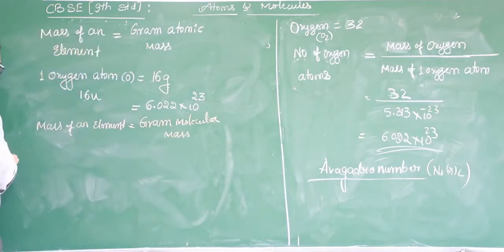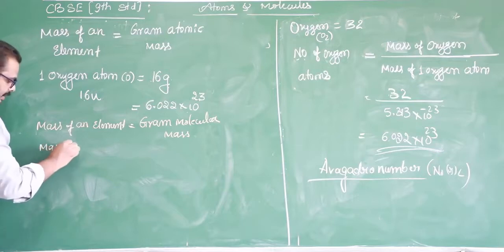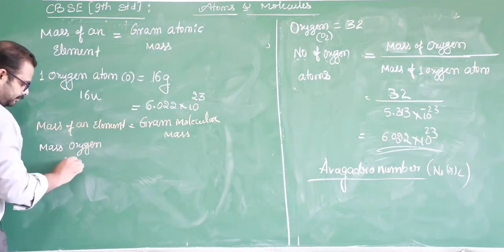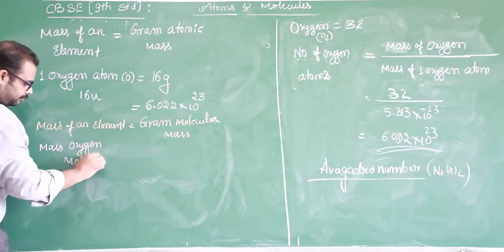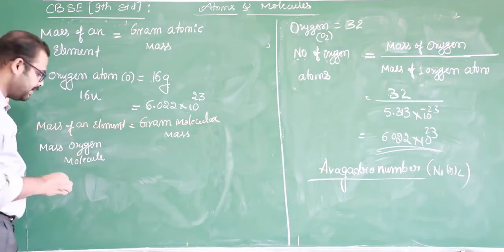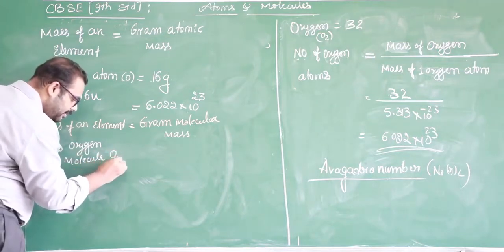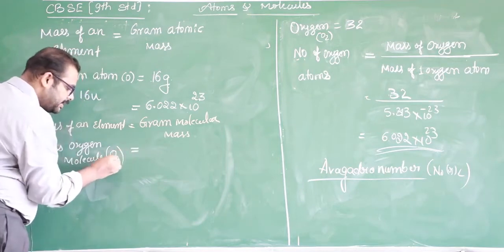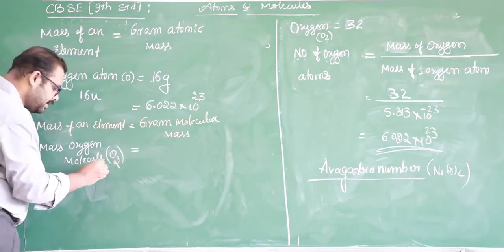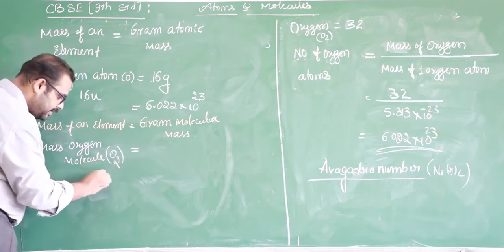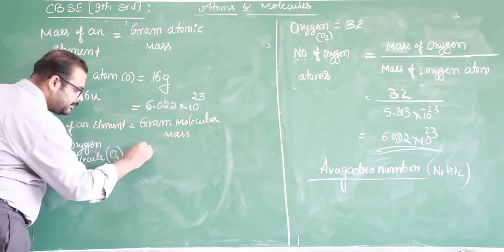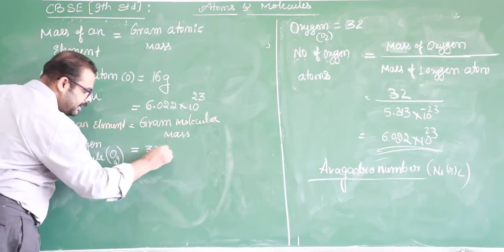Say, for example, the mass of an oxygen molecule. A molecule means we write O2. One oxygen atom is 16 and there are two, so it is 32 unified mass, and it is expressed as 32 gram.